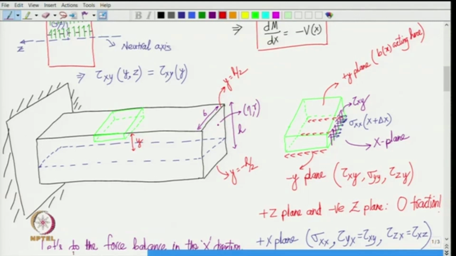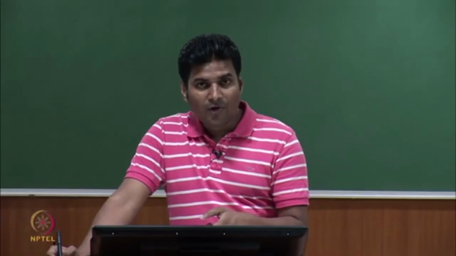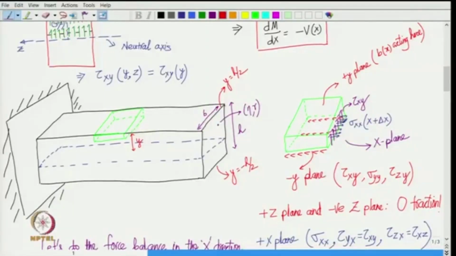So, that means on the positive y plane the component of the traction in the x direction, tau x y, should be 0, because we are not applying anything in the x direction, right. And therefore, on the cross sectional plane also, at y equal to h by 2, which is also part of the top plane of the beam, the shear traction vanished. So, you can now see the connection, right, why it vanished at both y equal to plus h by 2 and minus h by 2.